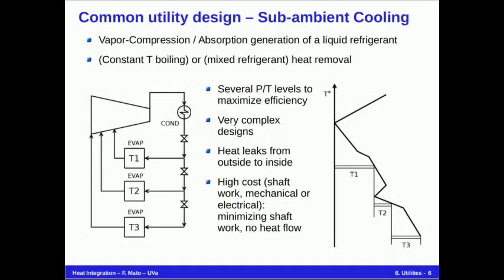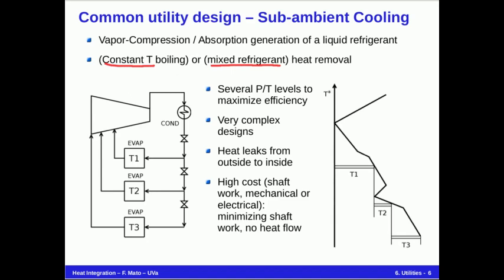Low temperature or subambient cooling. This is normally an expensive utility because for vapor compression it works with mechanical power. It can be done at constant T when a pure compound is boiling, or changing temperature when a mixed refrigerant is used for heat removal.